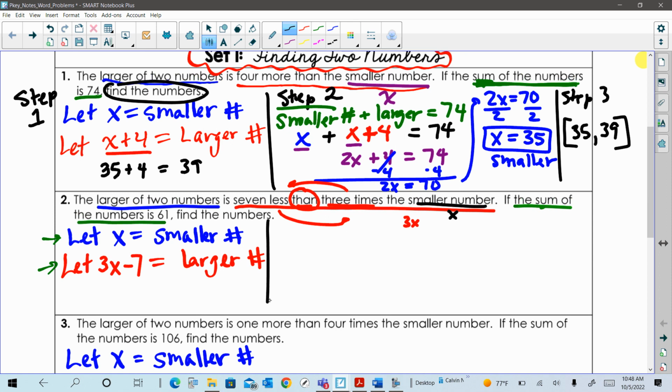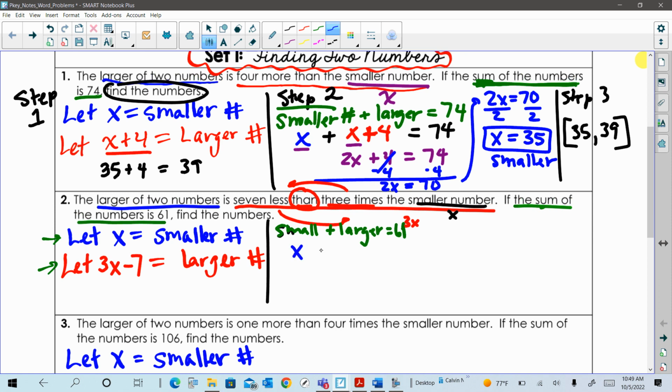Since we're doing the sum of the numbers, we're doing the same thing we did in number 1. We're taking the smaller number, the small plus the large, that's going to equal 61. I ran out of room there. So who substituted and came up with the equation? Instead of saying the word small, I can put what? x here.